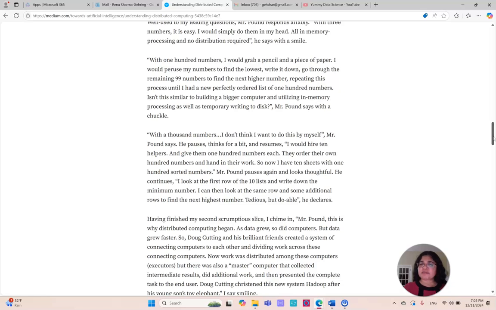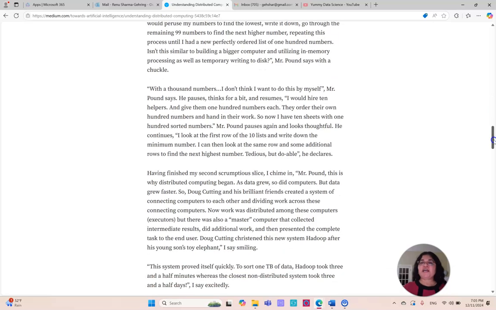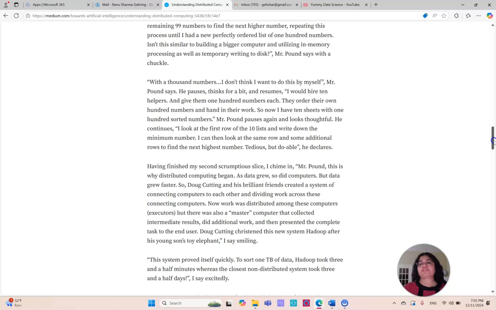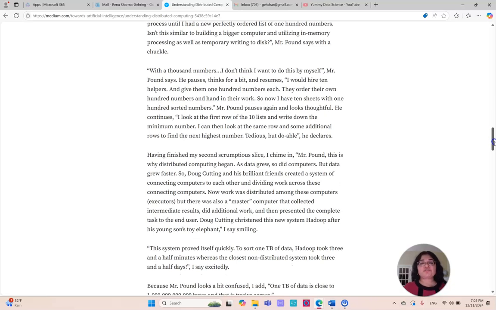"With 1,000 numbers, I don't think I want to do this by myself," Mr. Pound says. He pauses, thinks for a bit, and resumes. "I would hire 10 helpers and give them 100 numbers each. They would order their own 100 numbers and hand in their work.